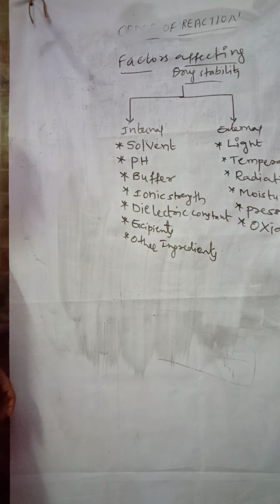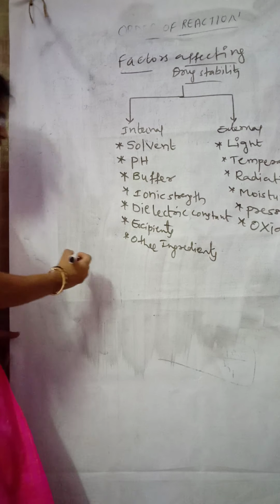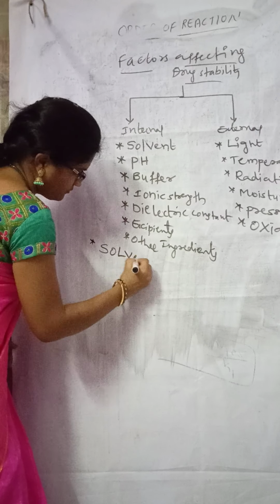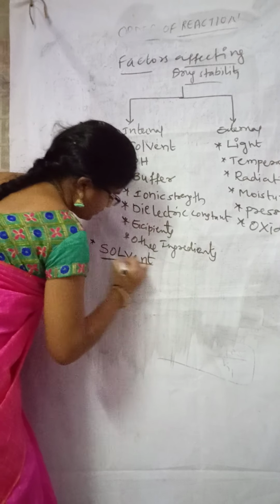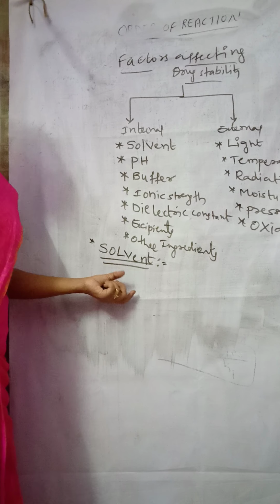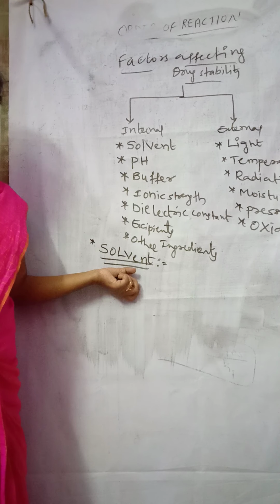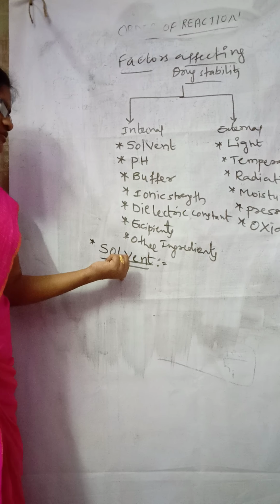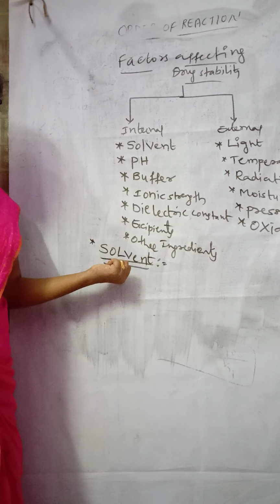Okay. So now we will see one by one. First we will discuss solvent. So solvent is a vehicle or a major component of any dosage form, because it is useful to dissolve the drug and excipients and all ingredients.